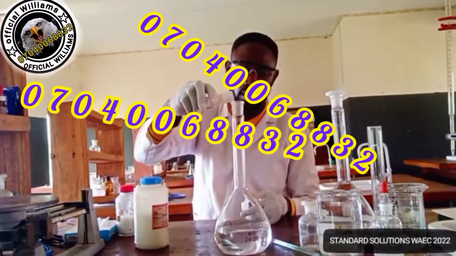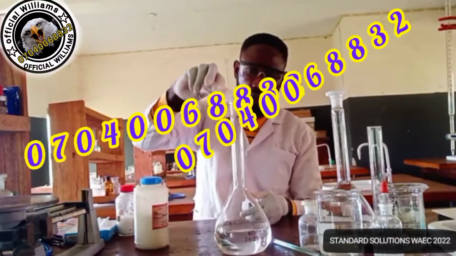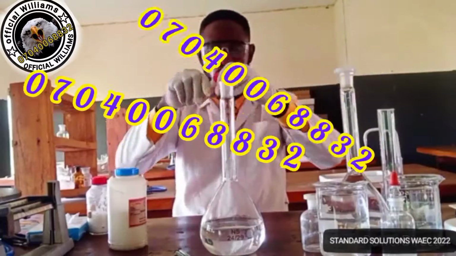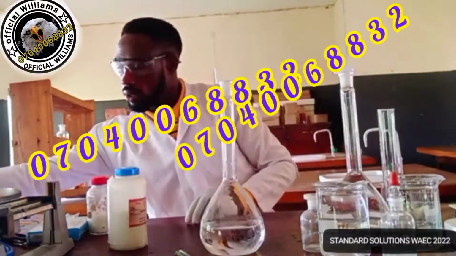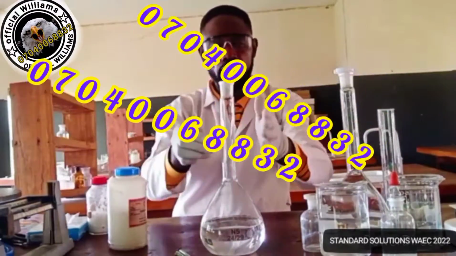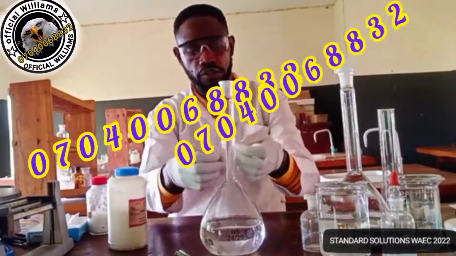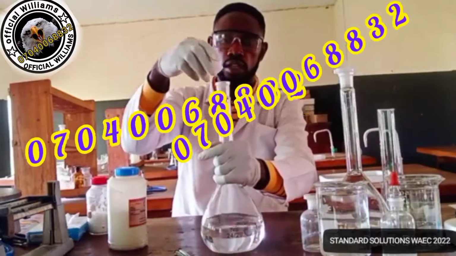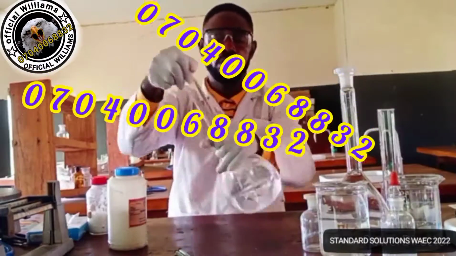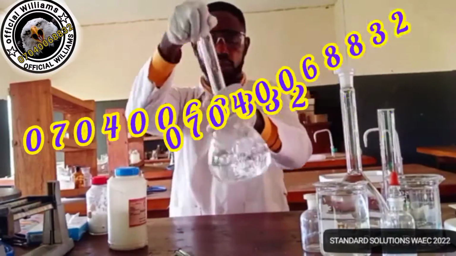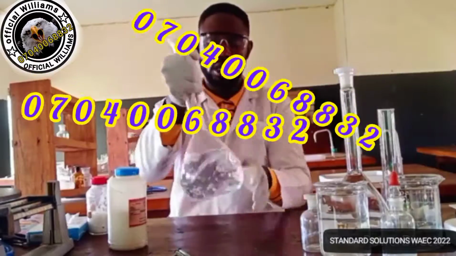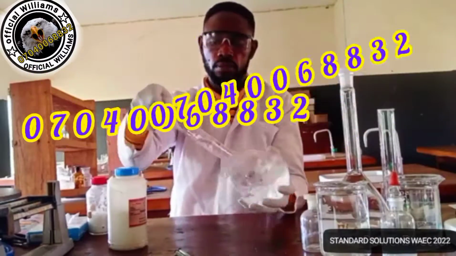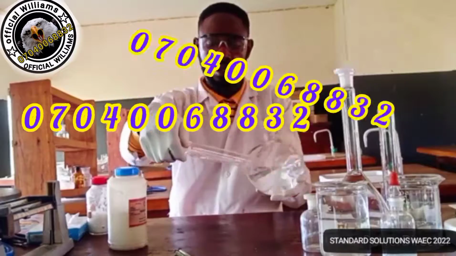Just open this. Okay, you carefully add them. Try your best to avoid any staying on the wall like this one. What I'll do is gently swirl this water to dissolve the whole. You shake well. Gently take it this way.